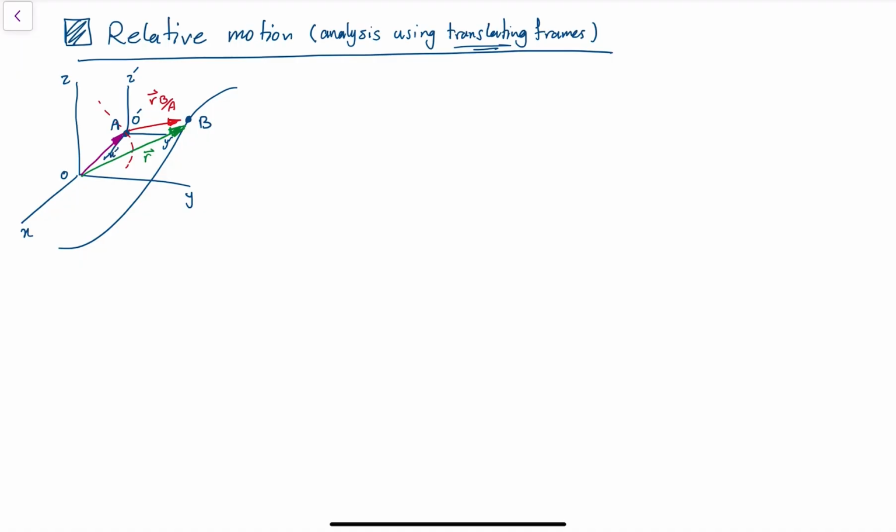And the particle A, or observer A, also itself has a certain position vector.